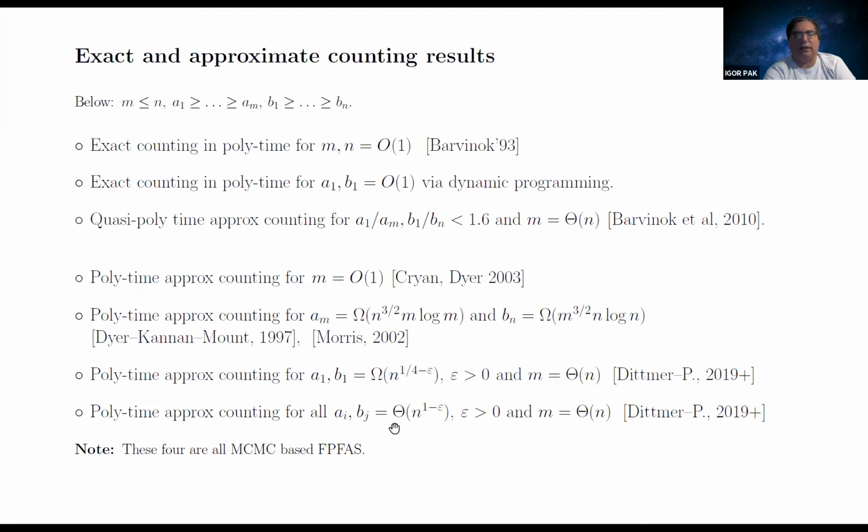These are recent results. Or, in a way similar to Barvinok's case, if they have fixed ratios of row and column sums, so for some fixed epsilon, the row sums are n to the 1 minus epsilon, then you can also do it in polynomial time, which actually improves on Barvinok et al. in two different ways. First, we don't have an upper bound here. And second, theirs is quasi-polynomial, and we have a polynomial time approximation.